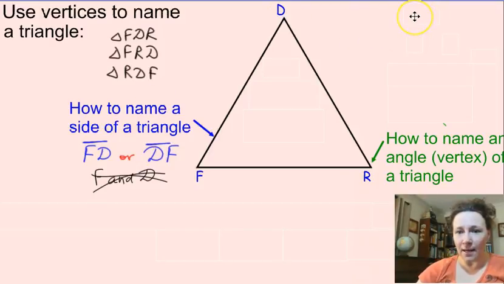And so I will write the name of angle R exactly like you see it on your screen. And you should be able to do that on your own. When I am naming angle R, I have to indicate on the diagram that I understand where it is. And to do that, we use these little kind of curves. It draws everybody's attention to the location at the vertex of interest.